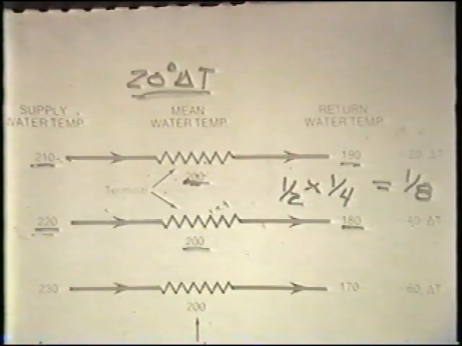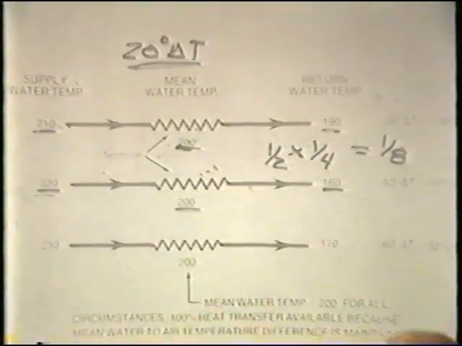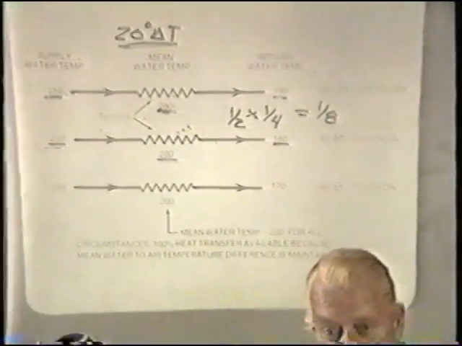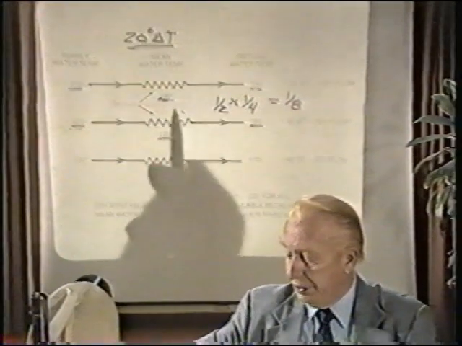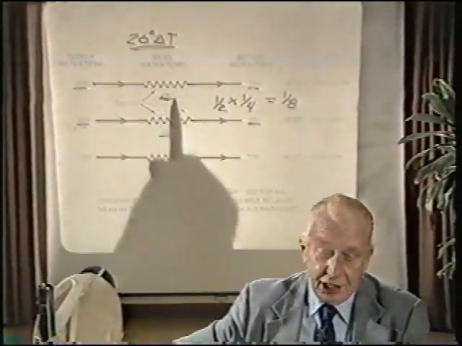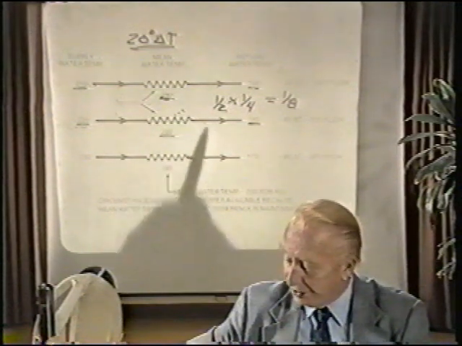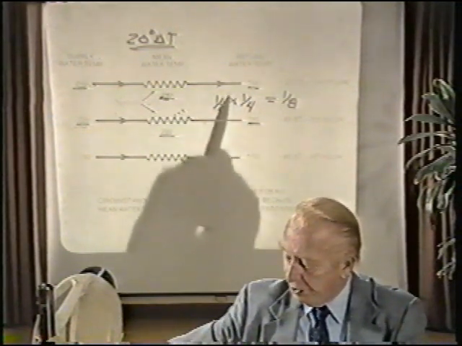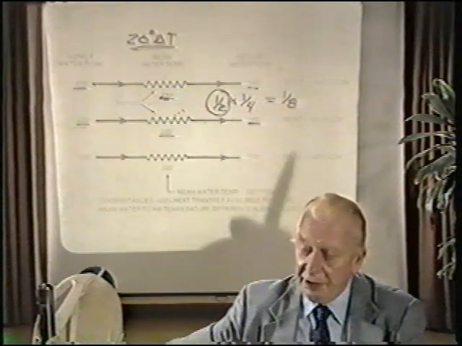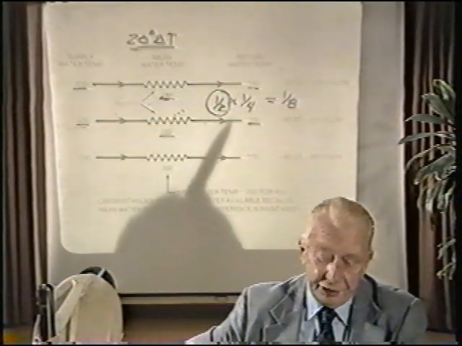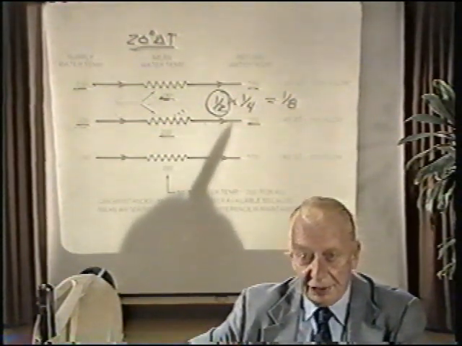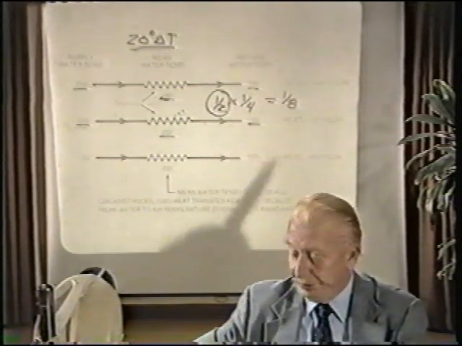And this is in truth due to the fact that decreased flow rate in these systems will not markedly affect the mean water temperature and therefore will not markedly affect terminal heat transfer output. However, when we reduce our flow rate by 1/2, we can introduce potential problems in terms of circuit flow balance.